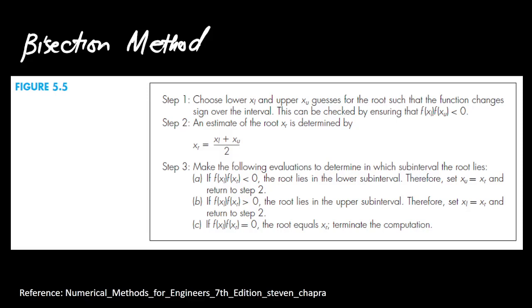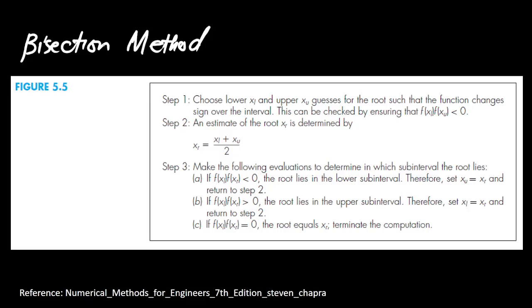So you have to choose lower and upper guesses for the root such that the function changes sign over the interval. This can be checked by substituting your lower and upper guesses into your function and taking the product of it. It should be less than 0. If it is not less than 0, then you should reconsider.